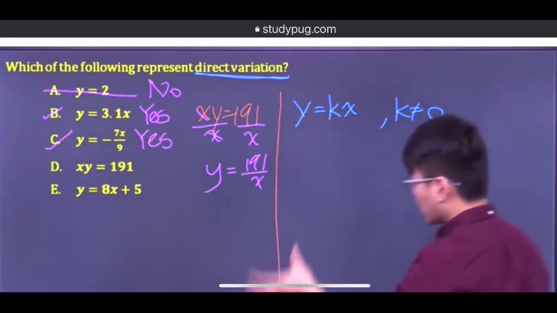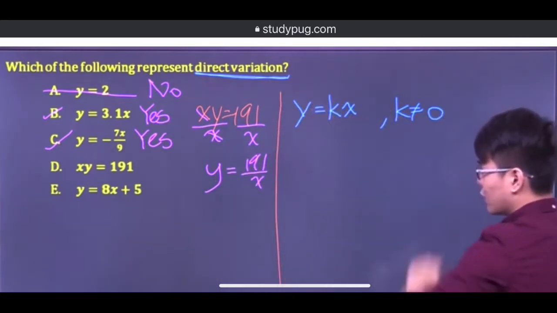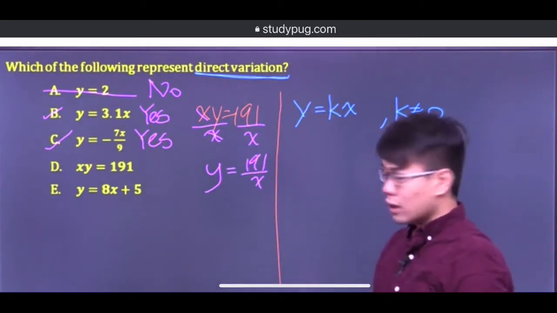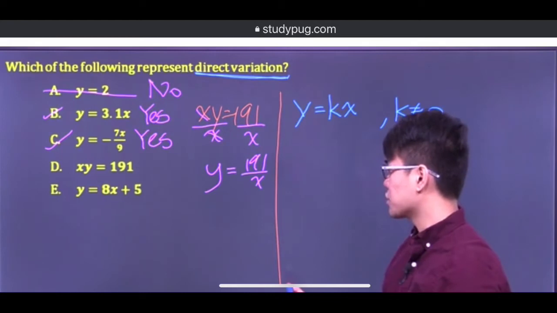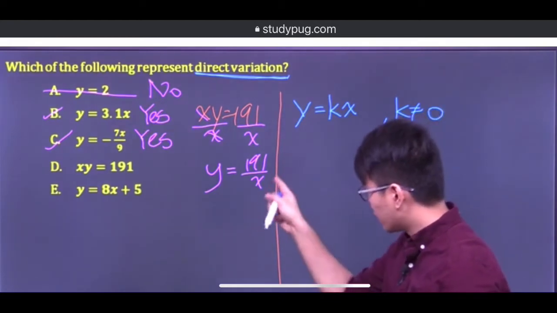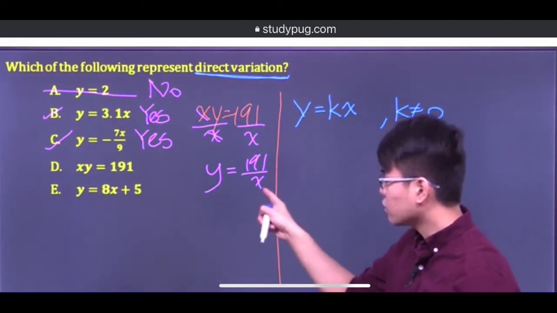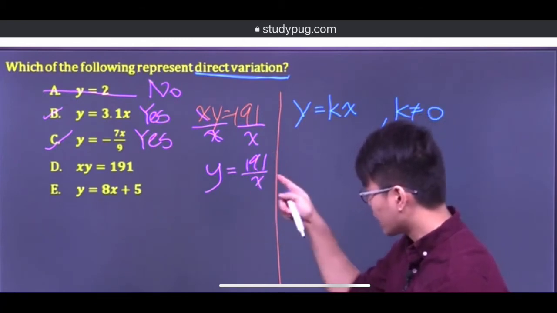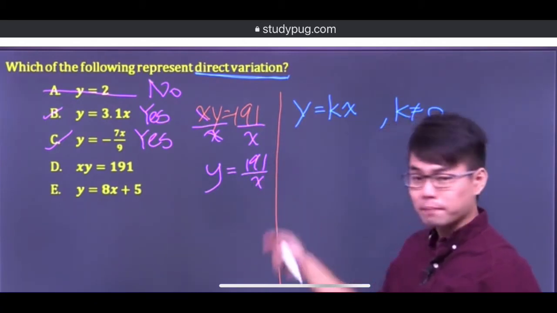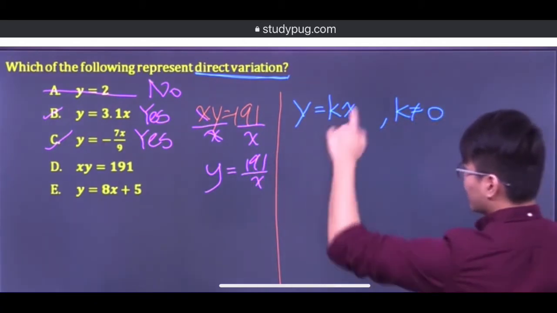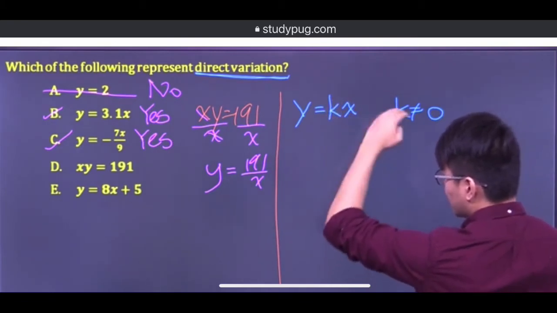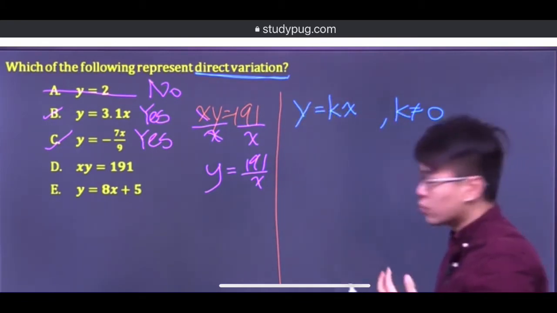Comparing this expression with the direct variation expression, we don't have a match. This x is in the denominator, as opposed to having x multiplied by a constant.